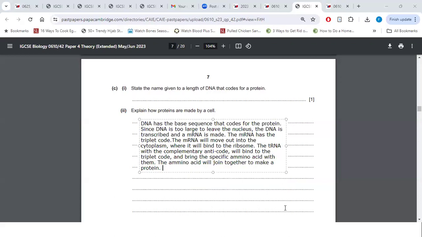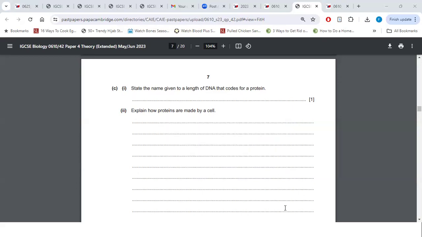And it will bring the specific amino acid. Whatever amino acid was needed, it will bring it accordingly. The amino acids will then join together with each other and a protein will be made. So really good attempt by you guys. I really like the answers that you sent.